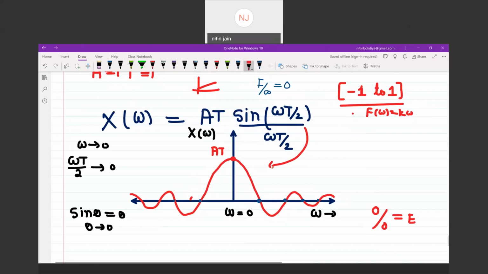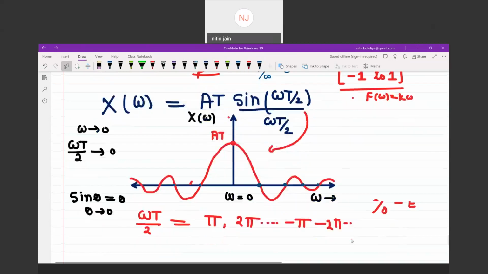Whenever this function has the value pi, 2 pi, the sine of pi, 2 pi, all these values are zero. So whenever omega T by 2 is pi or 2 pi and so on, or minus pi, minus 2 pi and so on, that is n pi, the output will be 0.